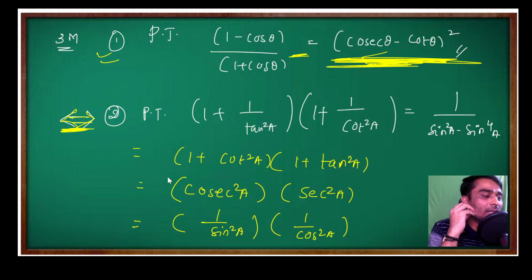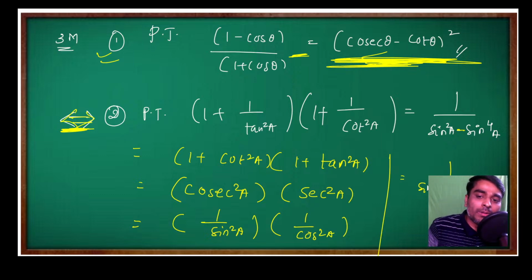Next, look at the proof. Proof is sin square minus sin to the power 4. So take here 1 by sin square A, and write this cos square A as one step extra I will write.